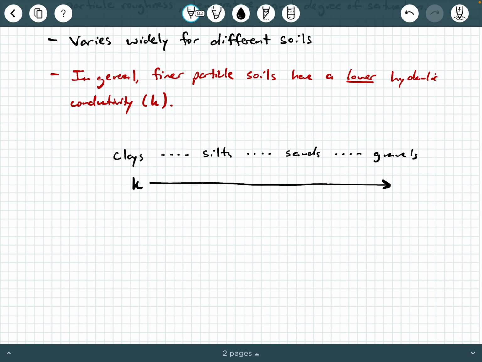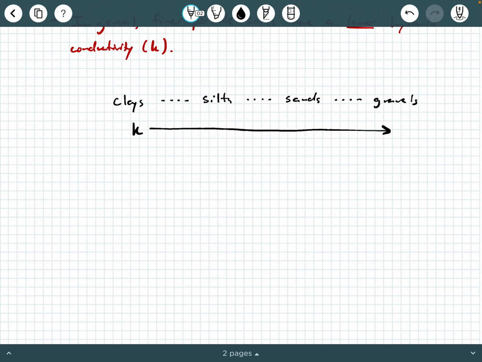All right, now also it is conventional to express hydraulic conductivity, which again we call K, at 20 degrees Celsius. If you have a temperature of the water or of the system that is different than 20 degrees Celsius, you can apply a temperature adjustment factor like so.